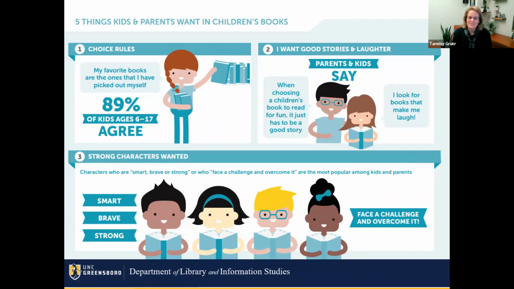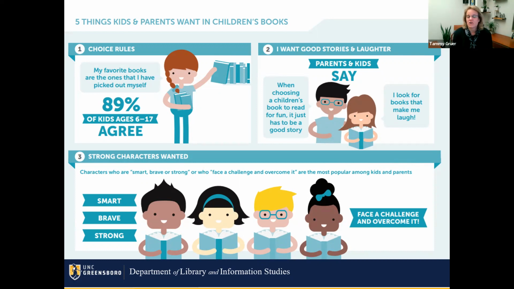So the majority of students or children who participated in this survey, and parents, they said they just want a good storyline and they want to be able to laugh. So think about some of those that we've talked about when we were doing our Newbery. Many times those don't necessarily make me laugh, they make me cry. But they do have a very good storyline for the most part.